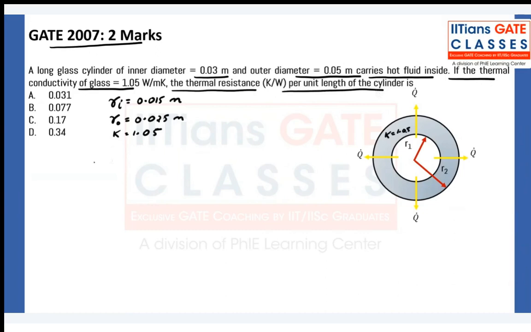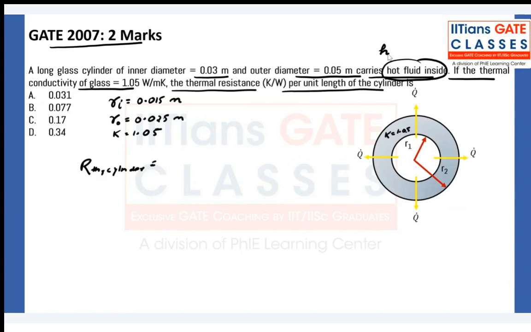We all know thermal resistance in a cylinder, in a solid body. Look, they have not given us h. They are saying there is a hot fluid inside, but they have given no information about what h is. So that means they do not want us to take the internal resistance. Only in the solid body I need it.